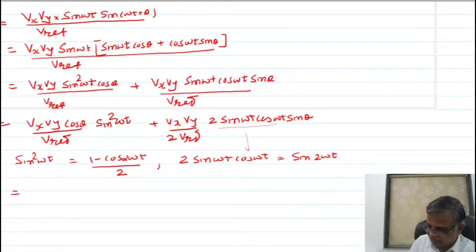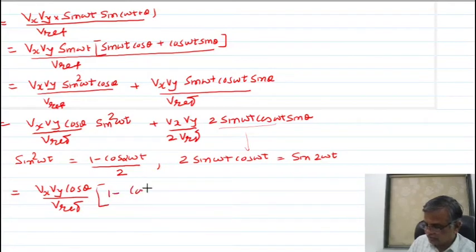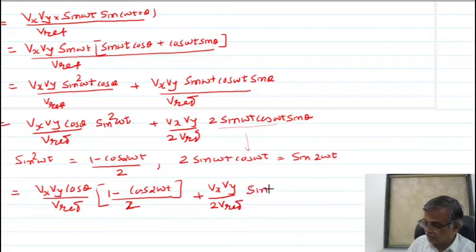So I am getting here Vx Vy cos theta upon V reference into 1 minus cos 2 omega t by 2 plus Vx Vy upon 2V reference into sin 2 omega t sin theta.